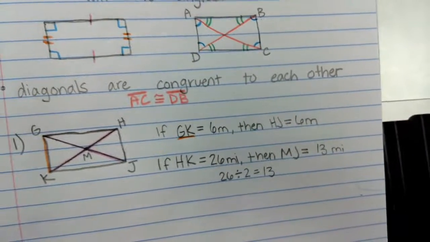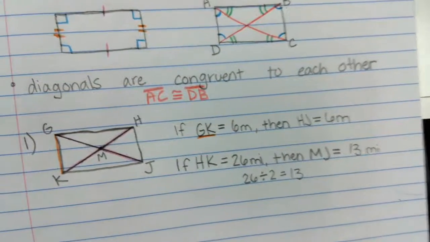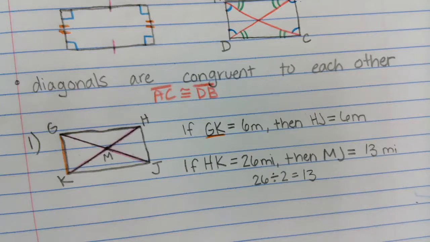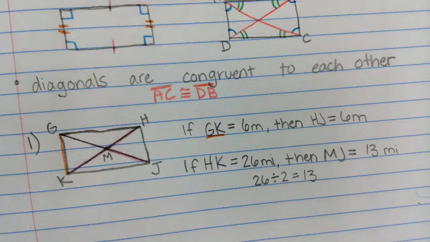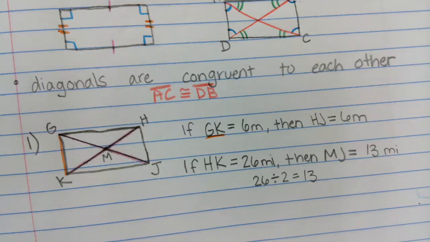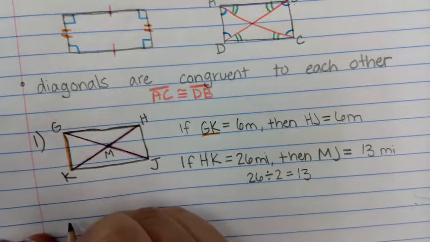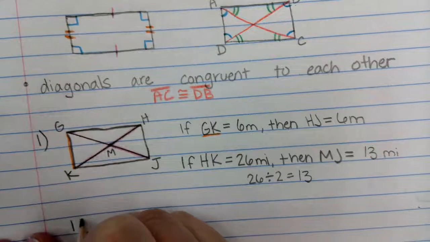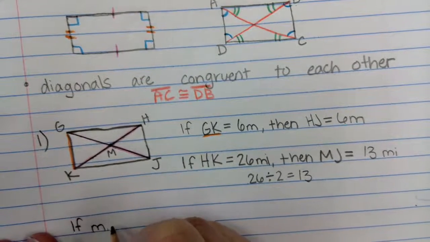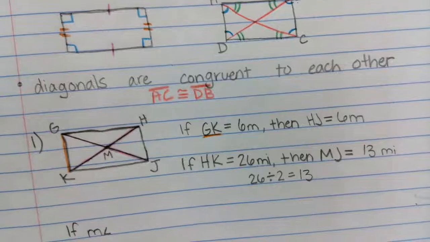Alright, next up we've got: if the measure of angle, so now we're going to look at an angle, JKH equals 27 degrees.